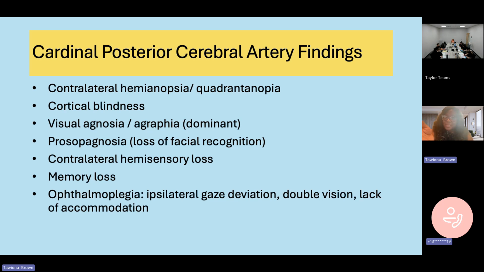It also supplies the hippocampus, so you might have memory loss. So you're going to have things like contralateral homonymous hemianopsia. Remember, I say that a lot, and it's going to affect half of the visual field, or quadrantanopsia, where there's probably an issue getting blood supply to the optic radiations.